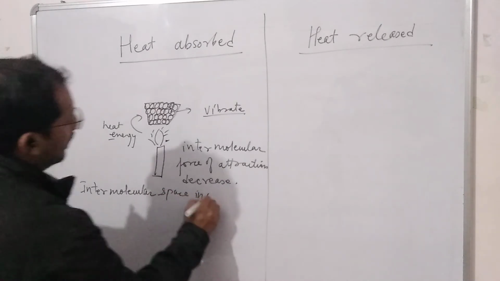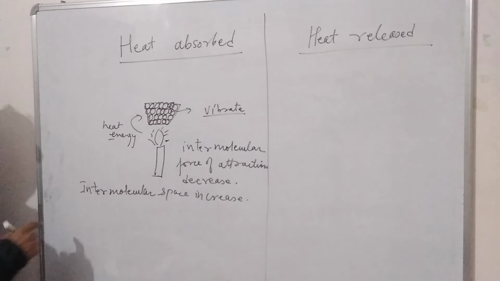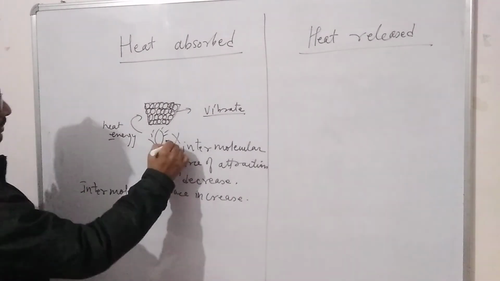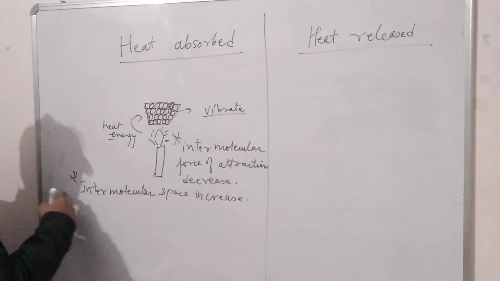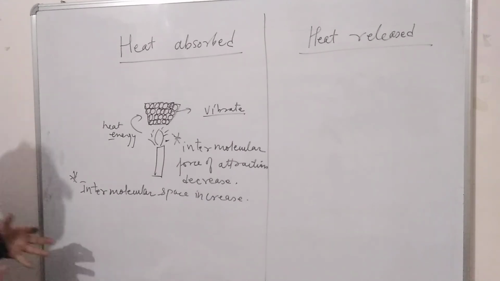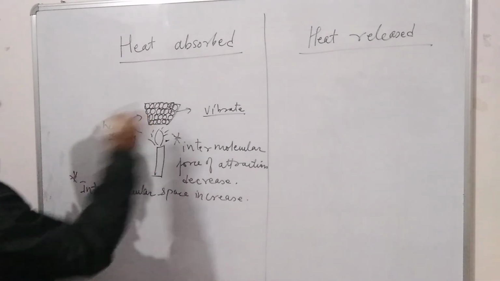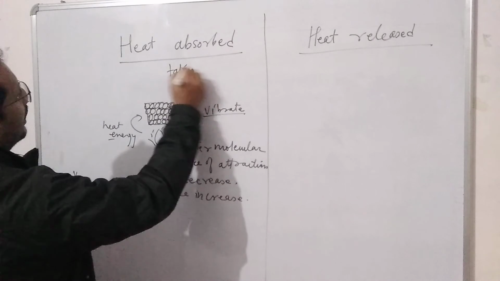Space increases. And thus, what happens? Due to this phenomenon, the solid state changes to liquid state, or liquid state changes into gaseous state, because the heat is absorbed, the energy is taken in. Okay? Heat absorbed means energy is taken in.